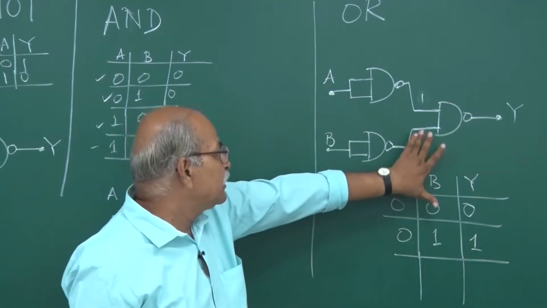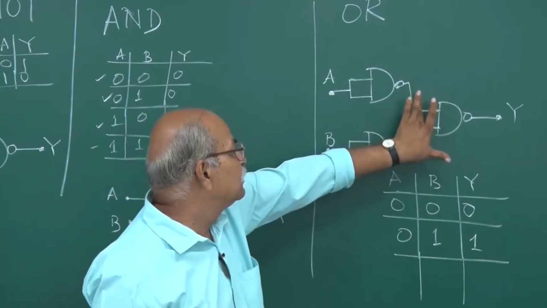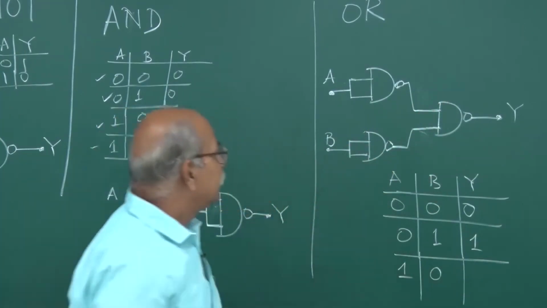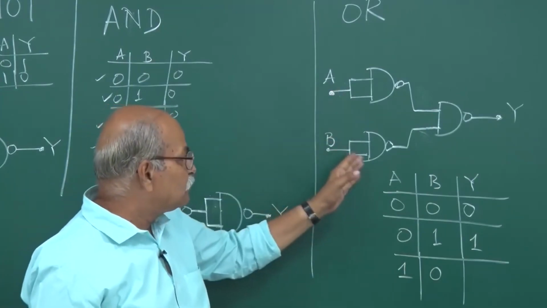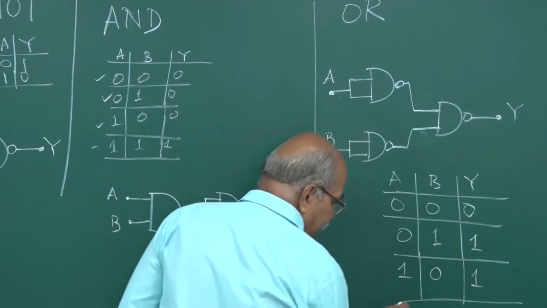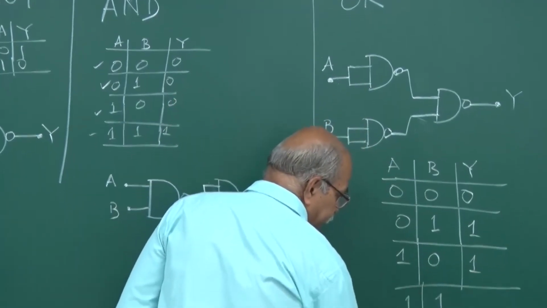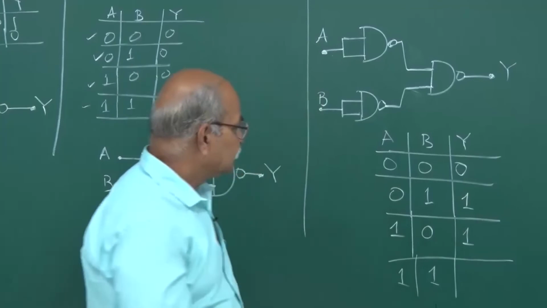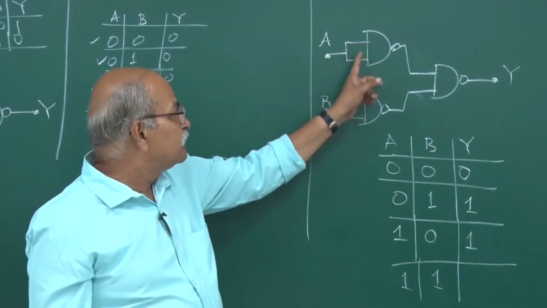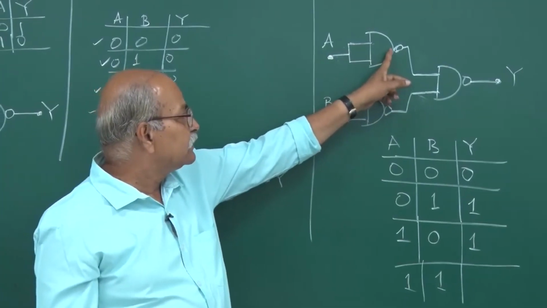Okay. And same story, if you give 1 here and 0 here, A becomes 1, B becomes 0. Similarly, this will be 1. And finally, if both are 1, then 1 here, 1 here, 1 here, 0 here.